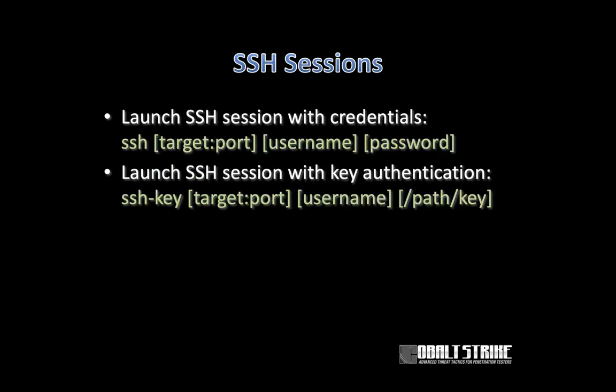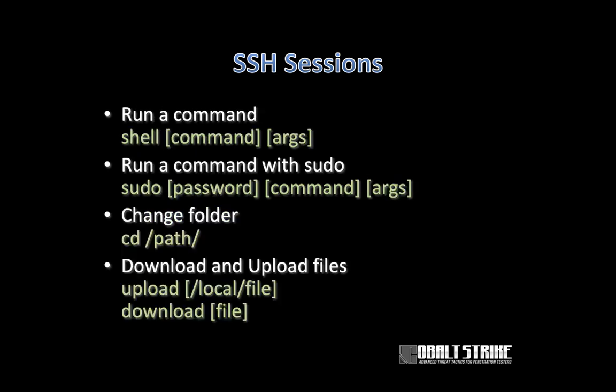How do you launch an SSH session? Use the ssh command within your beacon, specify a target and port, and a username and password. You can use an SSH key if you happen to have one that you want to authenticate with. So how do you do post-exploitation via SSH with Cobalt Strike? Here are some of the basics.